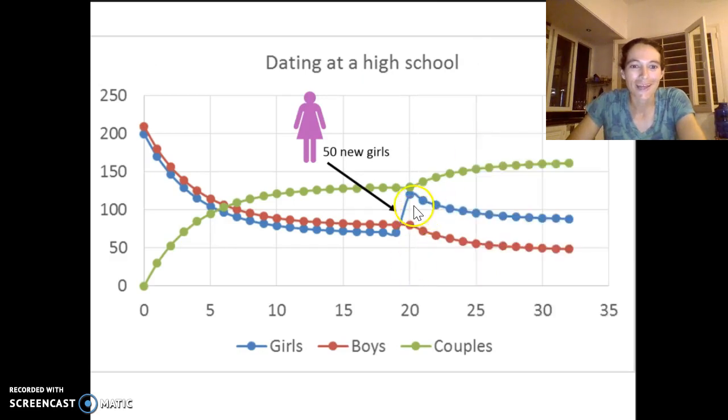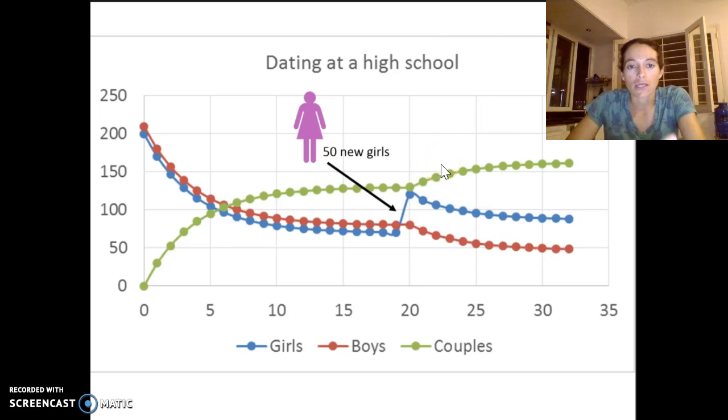Well, what happened? Wow. Okay. The couples increased. That makes sense. The number of boys decreased, the number of girls decreased because we had to take somebody to make those couples from.